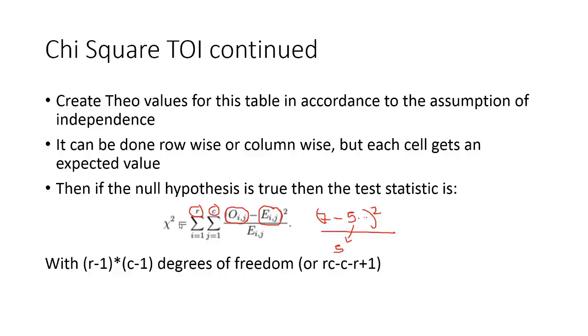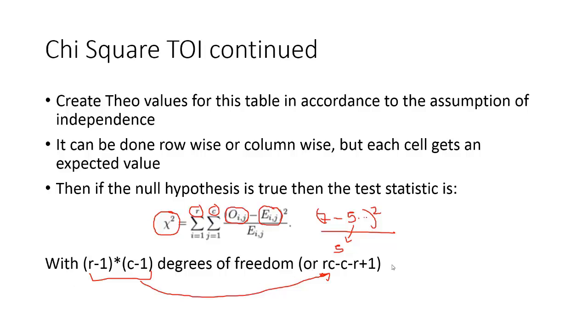And that summation should essentially give me a chi-square distribution with (r minus 1) times (c minus 1) degrees of freedom. Now note that the chi-square distribution has only one parameter, associated with degrees of freedom. If you just expand this, you will get this formula, which is nothing but linear algebra, r times c minus r minus c plus 1.